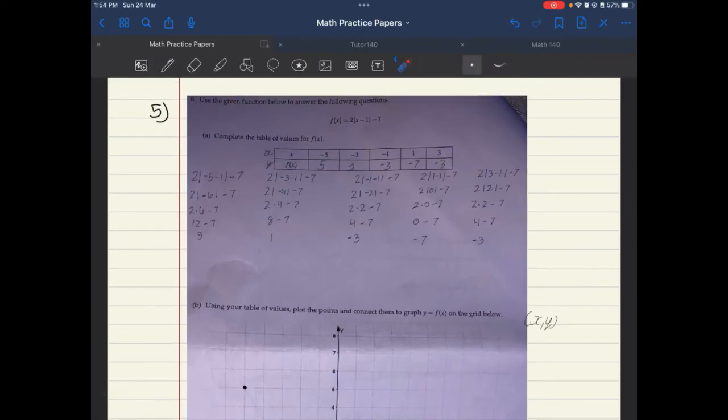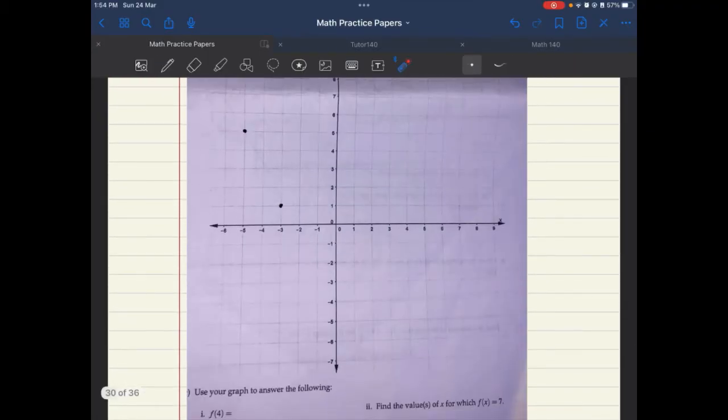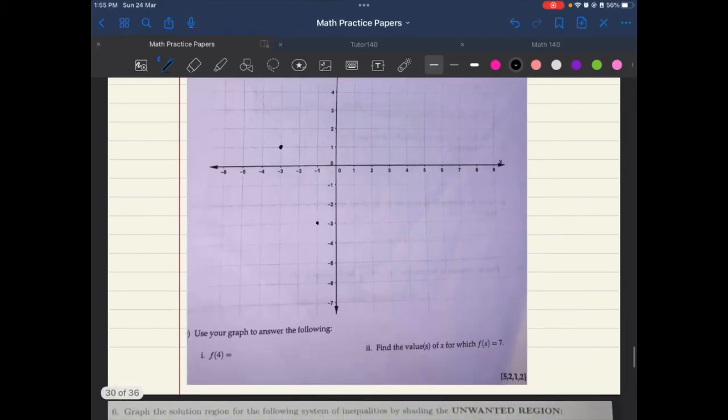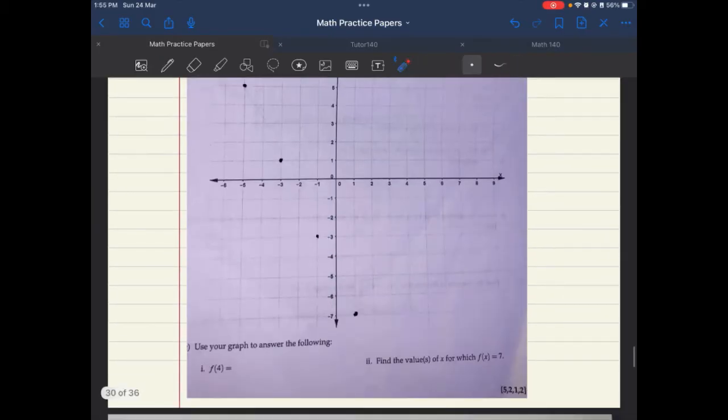Third value, (-1, -3). Fourth value, (1, -7). And the next value is (3, -3), right here.